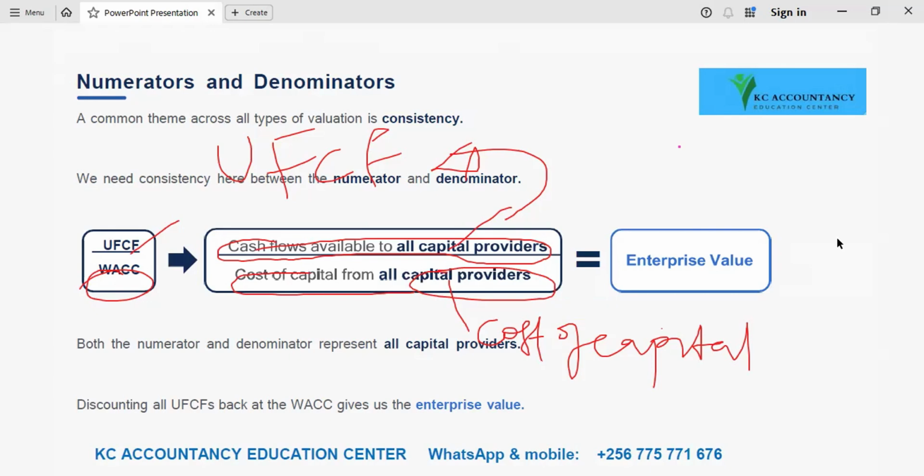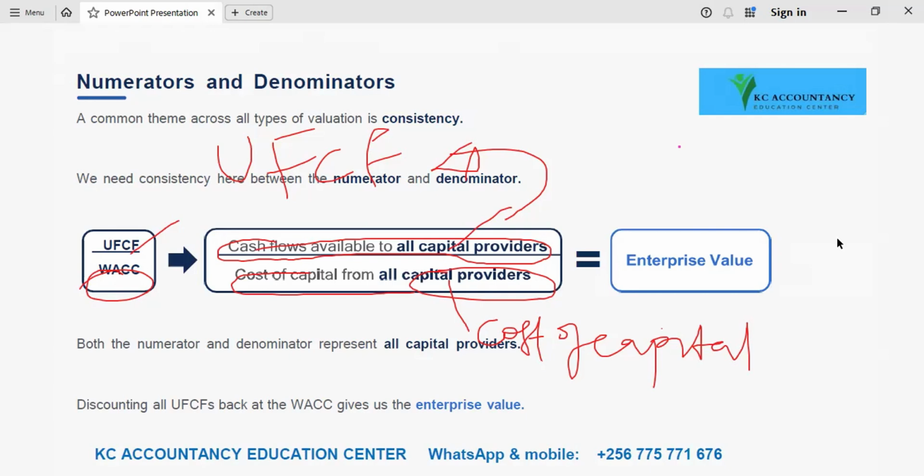In other words, whatever we have on the bottom and what we have at the top, there is consistency there because they are all representing all the capital providers. So the key is this consistency of all capital providers being represented on the top in the numerator and on the bottom in the denominator.